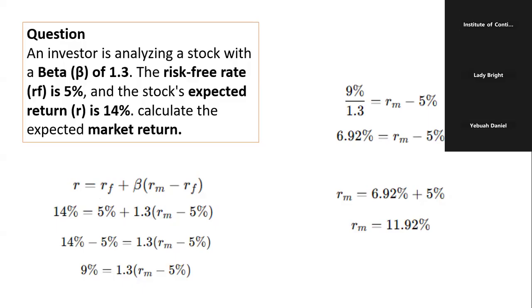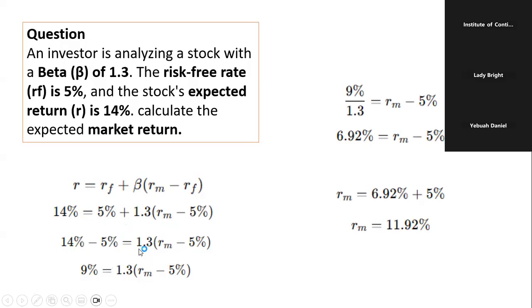E(R MKT) is what we are looking for. So that comes in as RM minus risk-free. So we simplify our 14 minus, and then you bring the 5 across the bracket, it becomes negative. So 14 minus 5 giving you 9.